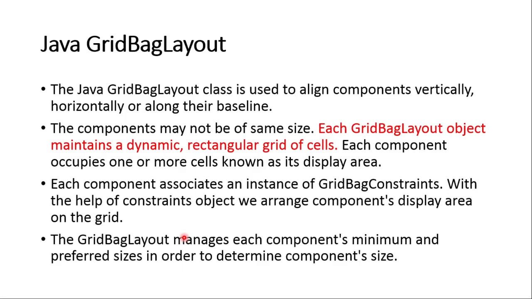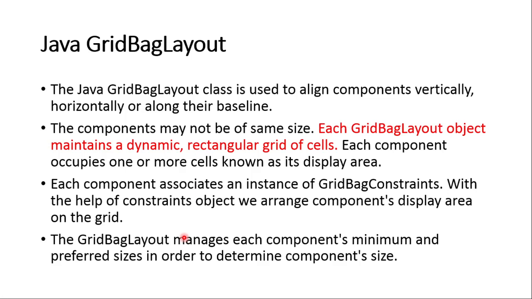Which means each grid can be dynamic, you can have your own style or own size of the grid. That is the main difference. In grid bag layout you can make your grids dynamic, but in grid layout you can't do that.